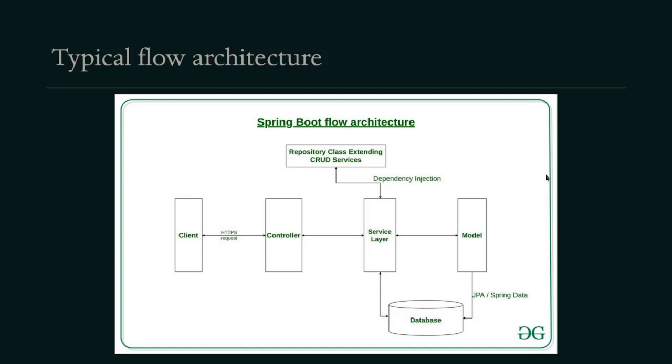This is essentially how the Spring Boot architecture should look. Whenever a client makes a request, it goes to the controller, and the service layer is where we get the information from our database. We have all the functions within our service such that our controller just calls the service to do work for us. Okay.